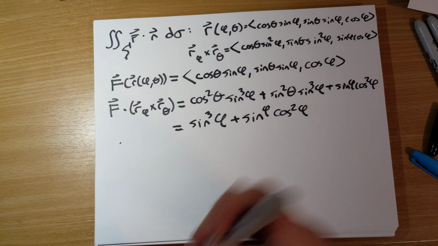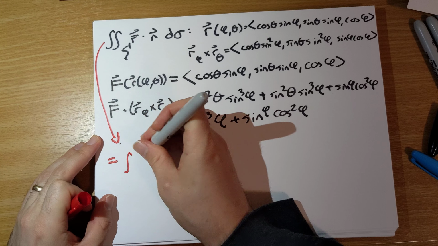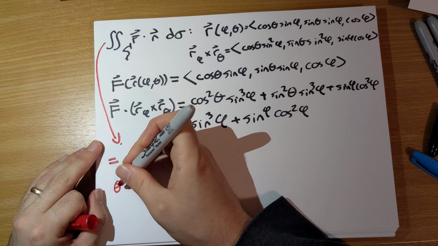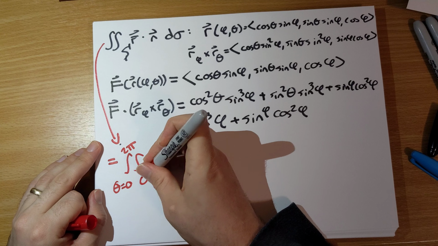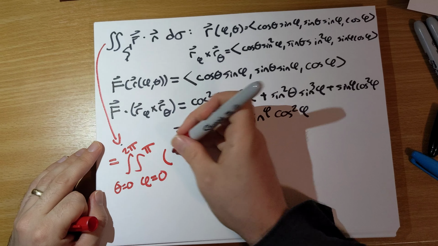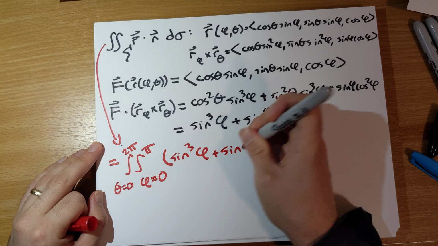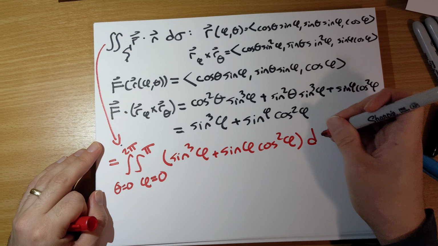So this integral ends up being the double integral, our natural bounds for spherical parametrization. Theta will run from 0 to 2 pi, and phi will run from 0 to pi of sine cubed phi plus sine phi cosine squared phi.